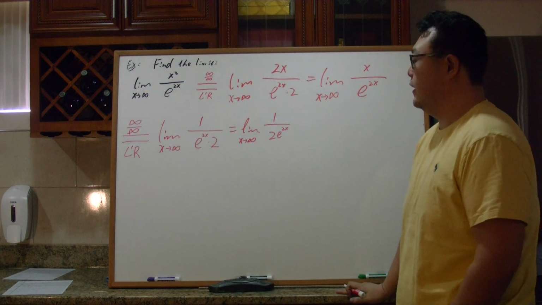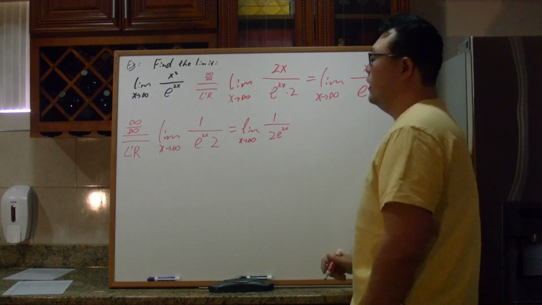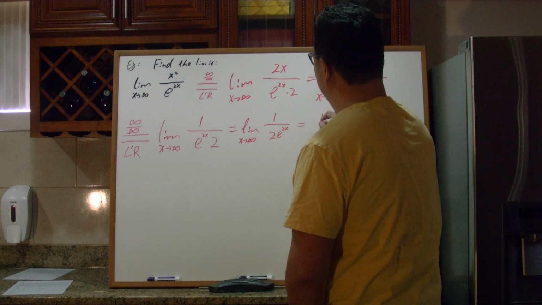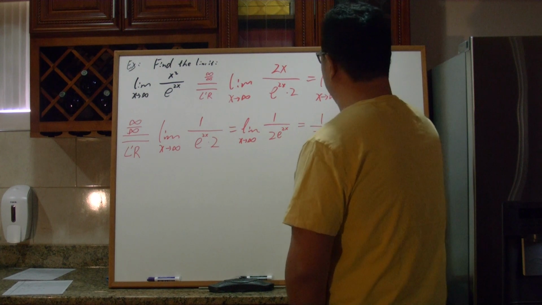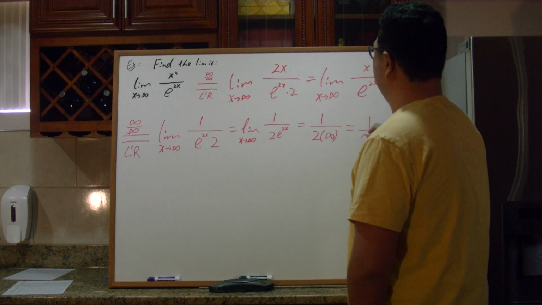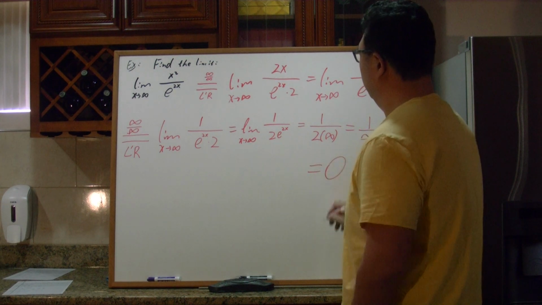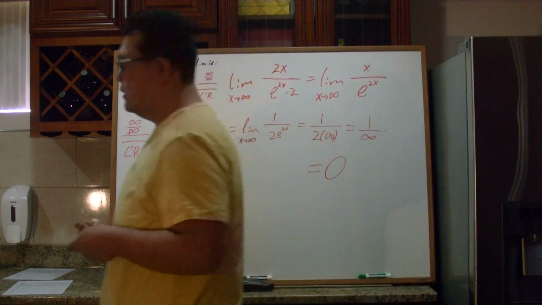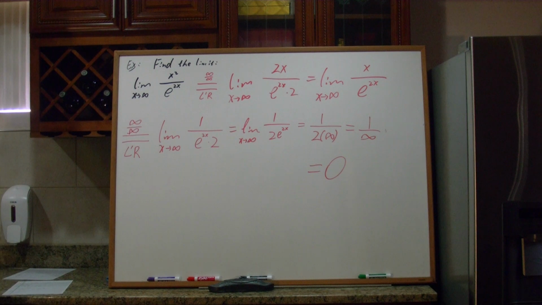In this case, e to the 2x goes to infinity as x goes to infinity, and 2 times infinity is still infinity. So this thing at the end has a limit of 0. Right?